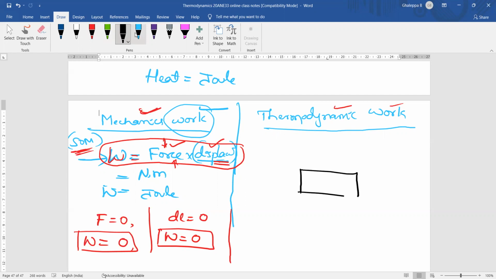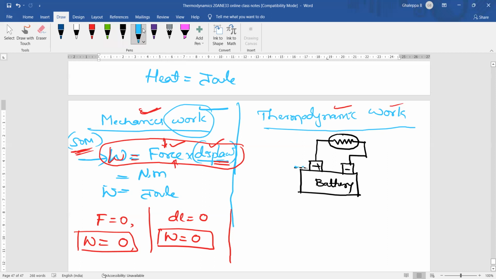I will not take much time in explaining this. So assume that this is a battery, positive node and negative node. Take some wire and connect it to some resistor, a bulb, and you switch it on. Dear students, I will consider the battery as my system.